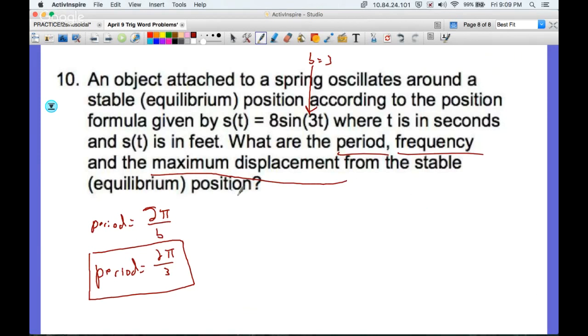Frequency, we've got this formula. Frequency equals 1 divided by the period. So the frequency here is going to be equal to 1 divided by 2 pi over 3, which if we copy dot flop becomes 3 over 2 pi.